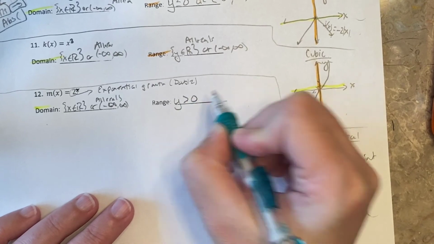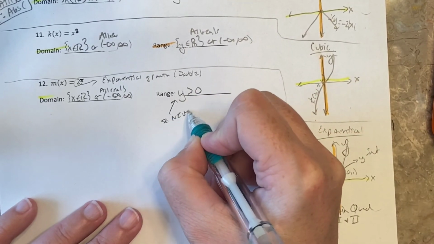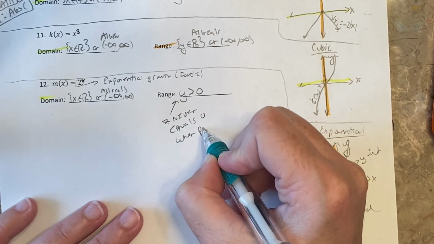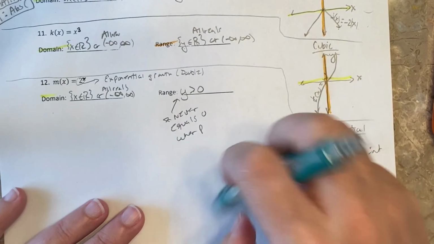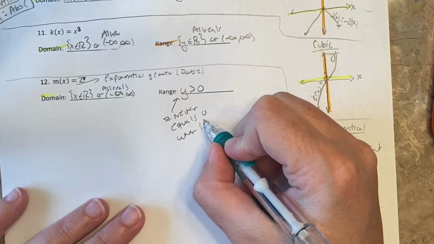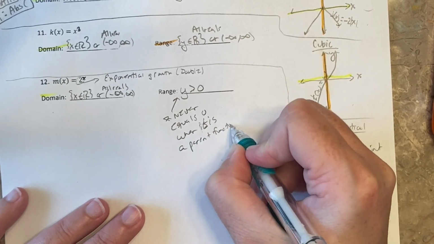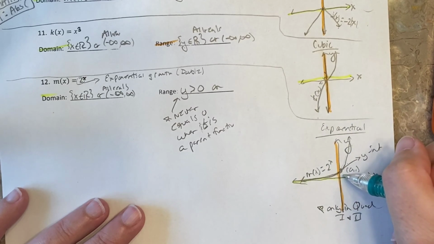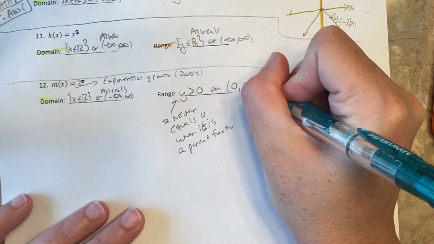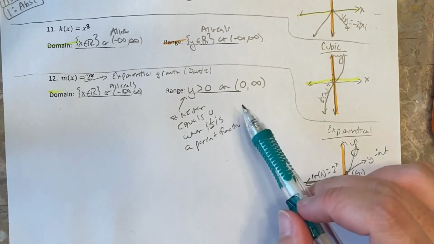And it's important that you put greater than 0 because it never equals 0 when it is a parent function. Okay, so this would be 0 to infinity. Make sure that you, again, have the parentheses and not the brace or the bracket because it's not equal.